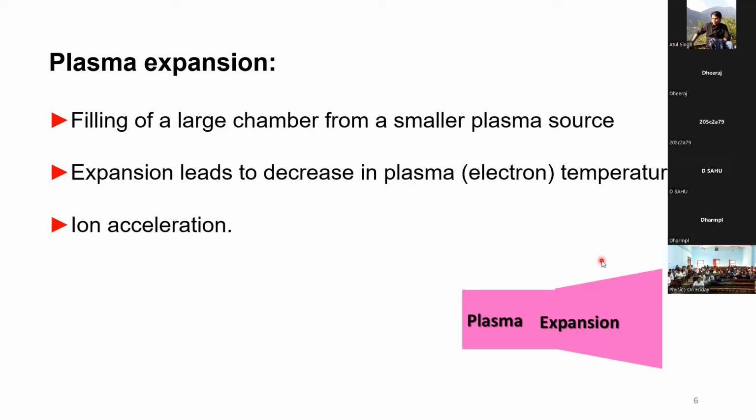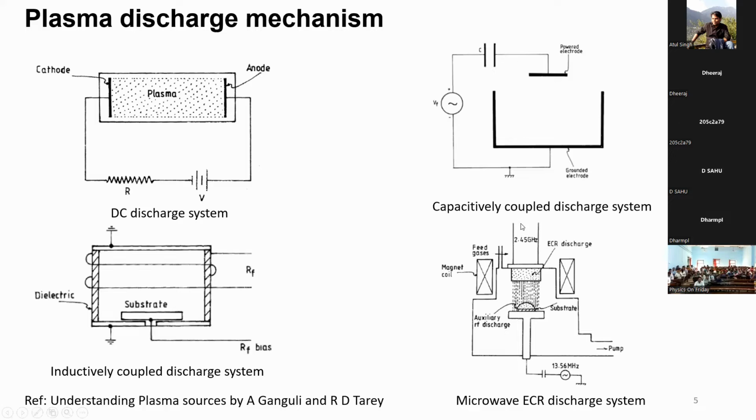As you can see in the last slide, the waves come in and the plasma is produced at some zone, where there is an appropriate magnetic field. We produce that plasma in a small volume.